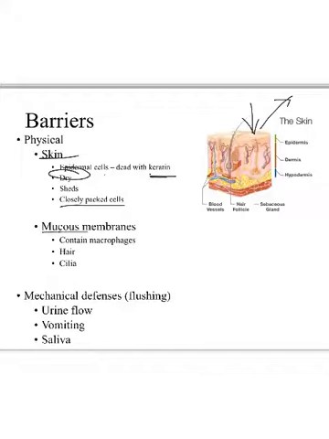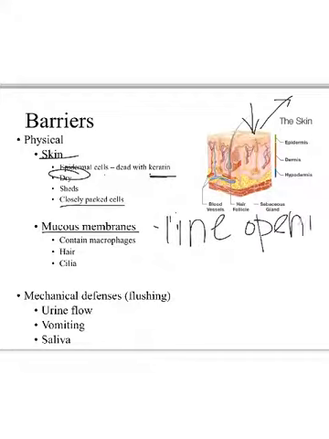Now the mucous membranes line any opening. You can think anus, vagina, mouth. They have mucus in them, and the mucus is sticky, so bacteria and viruses will stick to the mucus.